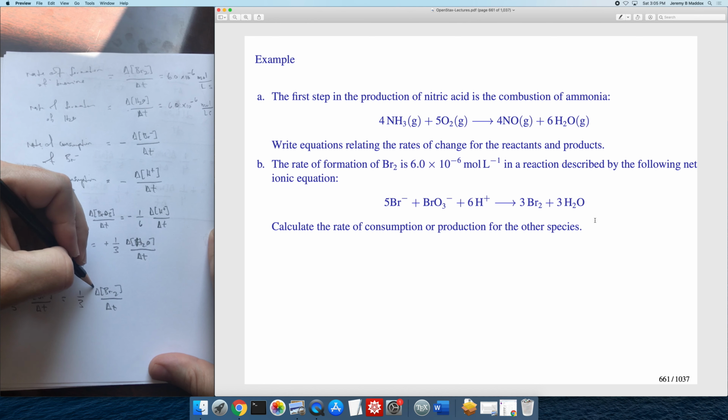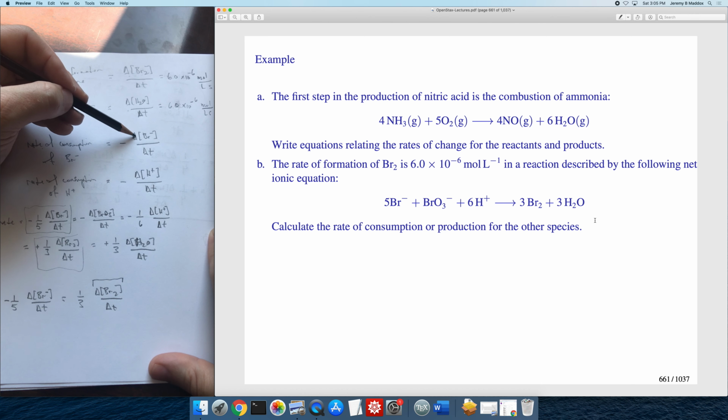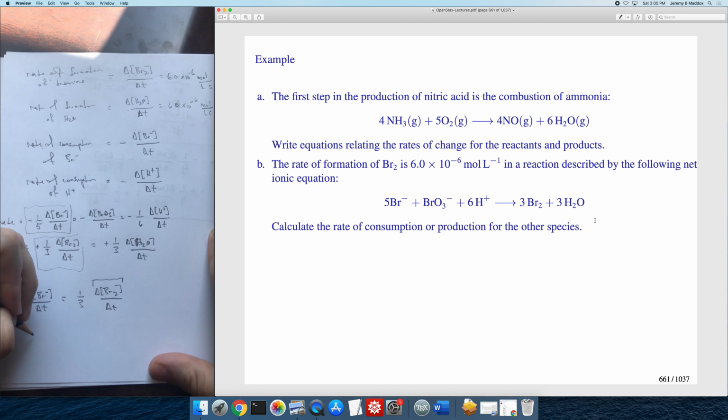Now the number that I know is this number right here. That's the 6.0 times 10 to the minus 6. And I want to solve for minus delta bromide over delta T. I'm just going to move the 5 over.